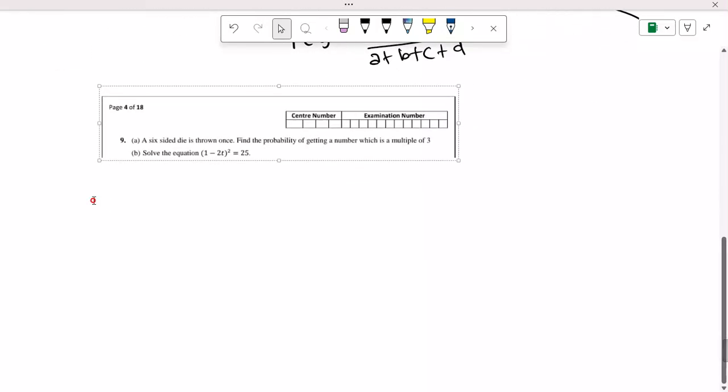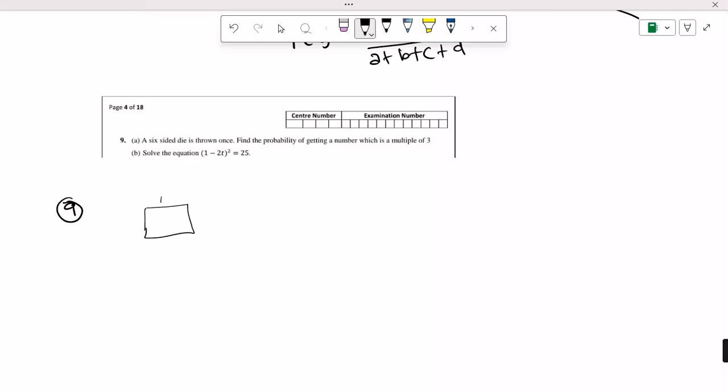Okay, so now let's answer part A. Part A, a 6-sided die is thrown once. So a die, you know that a die has how many sides? A die is something like a square.